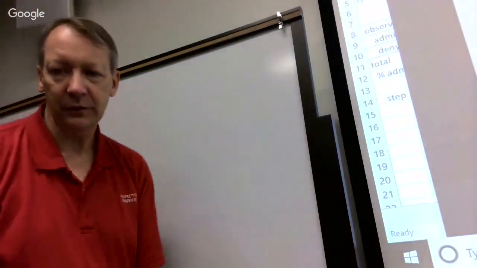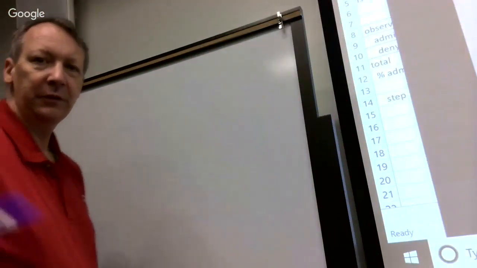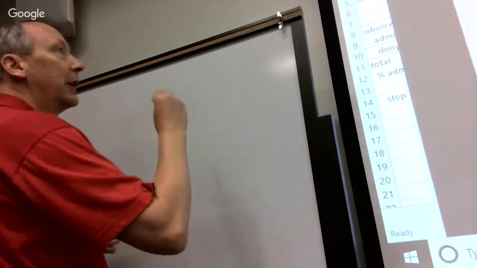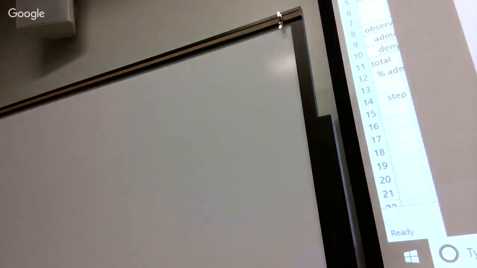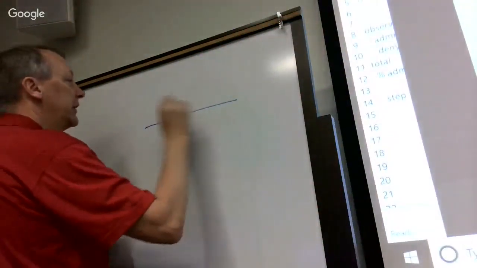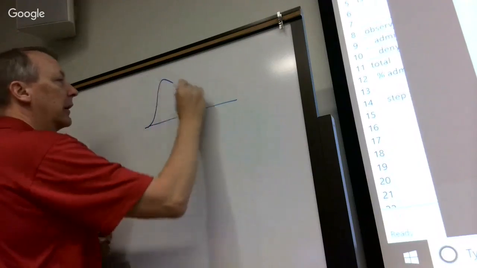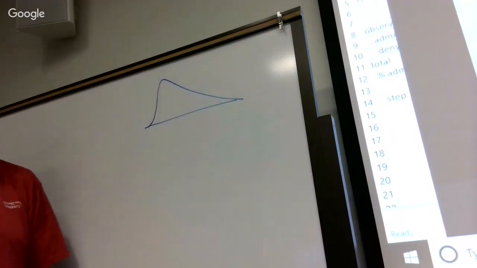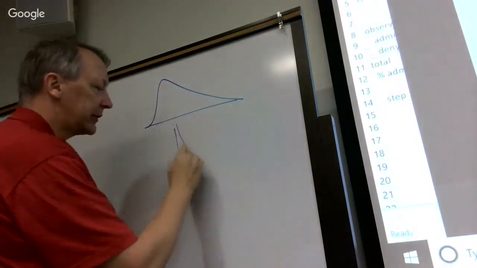Anyway, I'll just write over here, and I'm going to turn up this light. So remember with the chi-square distribution, it normally looks like this. Technically, ours actually looks like this, right?